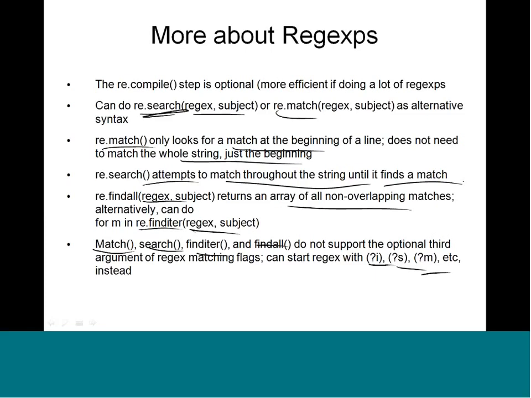We also have findall. That's another method in the re module, and it returns a list of all the non-overlapping matches. We can also use a for loop, for m in the finditer method, and find each match until we find all of them.